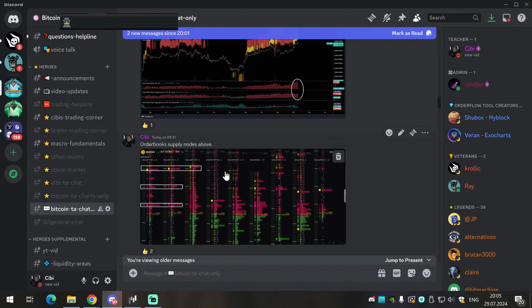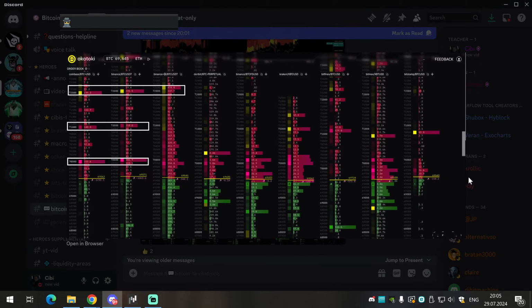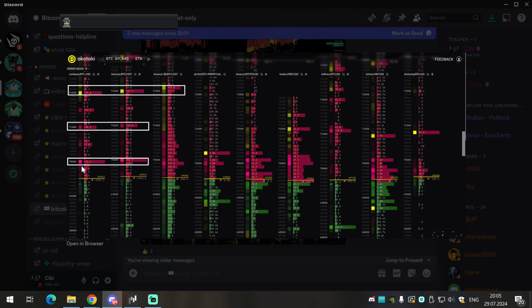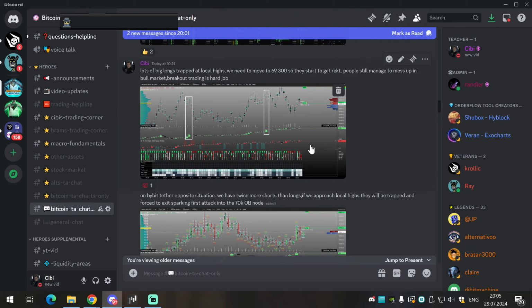I'm also preparing traders for the order book resistance, and for myself 70,000 was very clear, massive order books, hundreds of millions on the short side. So if you breach 70k, you need a massive bid to actually retain it, because if you trap people, market can quickly reverse, and that's what happened today.